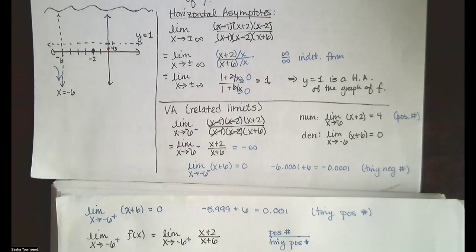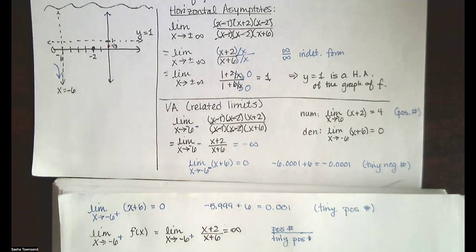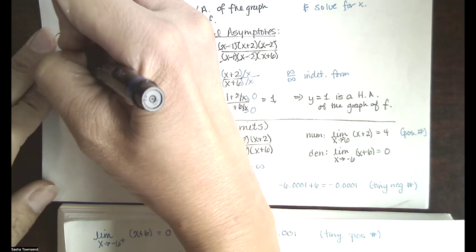And a positive number divided by a tiny positive number is a large positive number. Like 1 over 1/1,000,000 is a million. So it's just going to get larger and larger as that denominator gets smaller and smaller. So we get infinity on that side. So as we approach -6 from the right, our graph is going to look roughly like that.